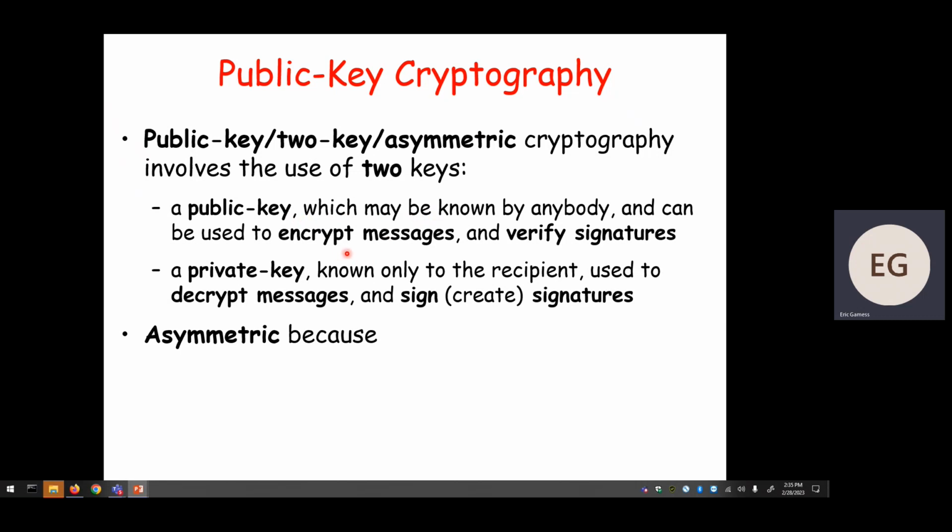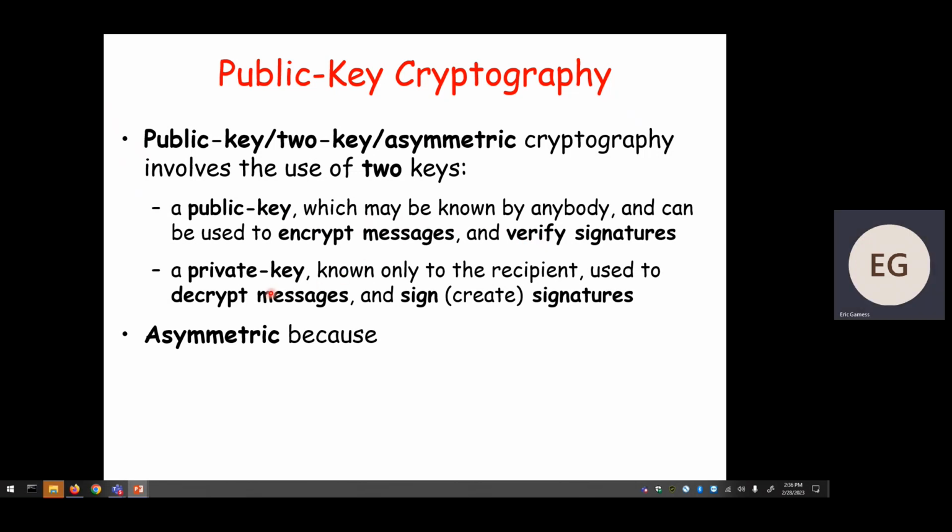We will use it to encrypt messages. When other people want to send a message to me and they want to encrypt it, they have to use my public key. And when I sign a message and they want to verify my signature, they have to use my public key.